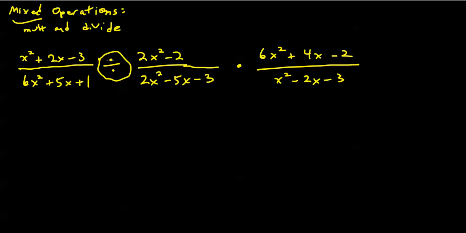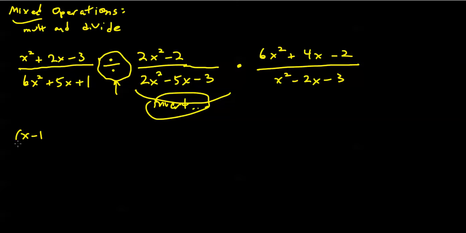Alright, so what I'm going to do is I'm going to factor and invert at the same time. You must invert and multiply. Alright, so this operation I'm going to change into a multiplication by inverting, and I'm going to factor each of these four polynomials in the first two rational expressions at the same time to save space here.